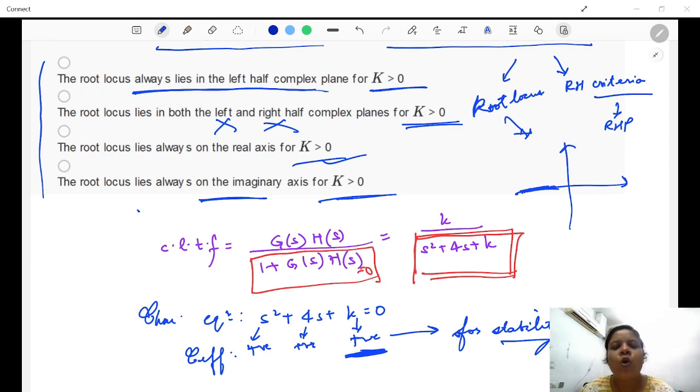There are no asymptotes, there are no closed loop poles elsewhere. In this case, if you try that, you'll get the answer in 30 seconds only: no, it is not going to have both of these options. So try constructing the first step if you're given such options of real axis and imaginary axis. Else, from the first option only we get the answer that it always lies in the left half of the S-plane.